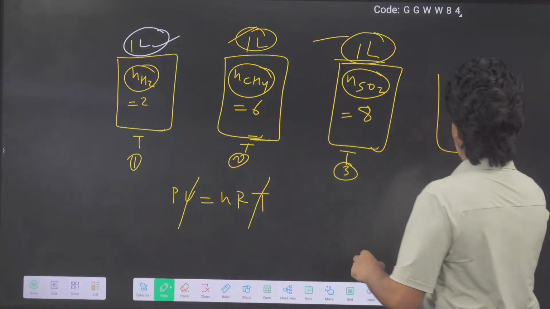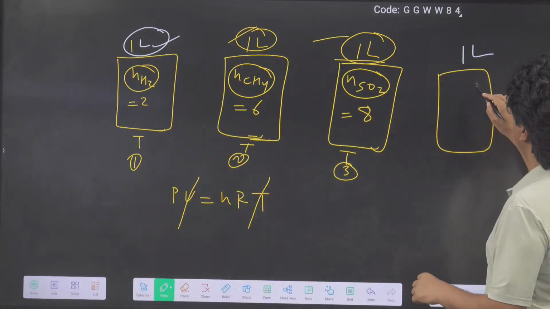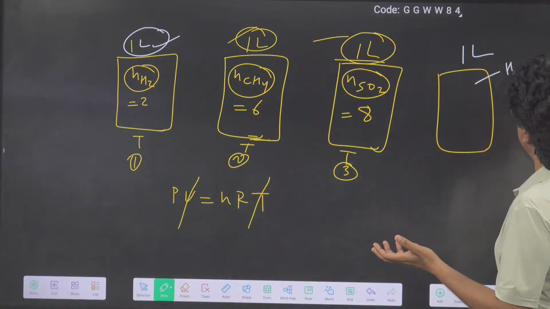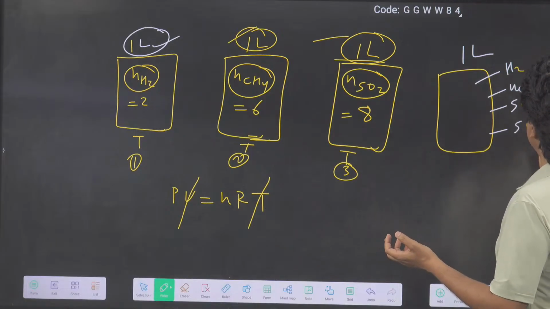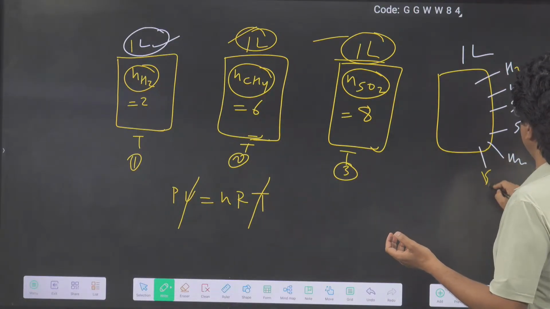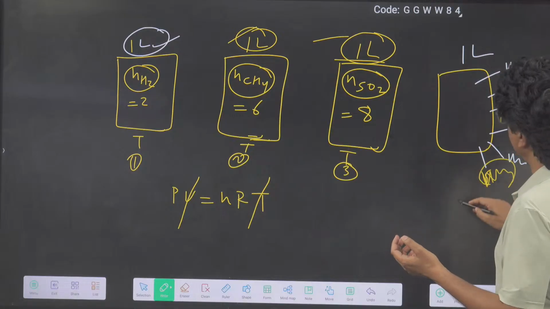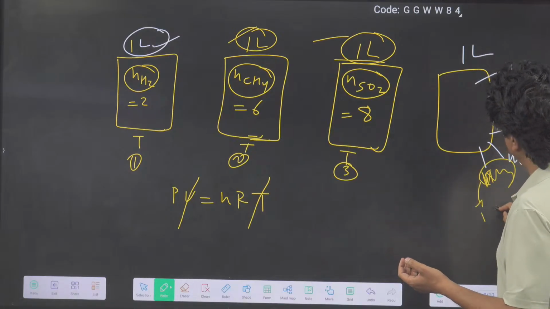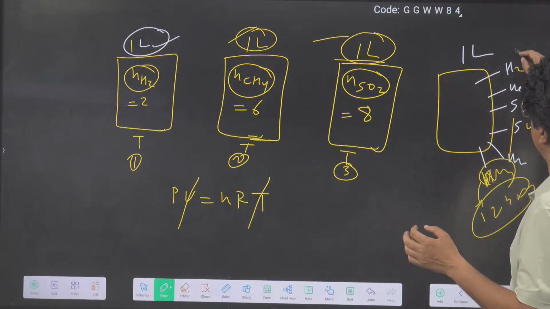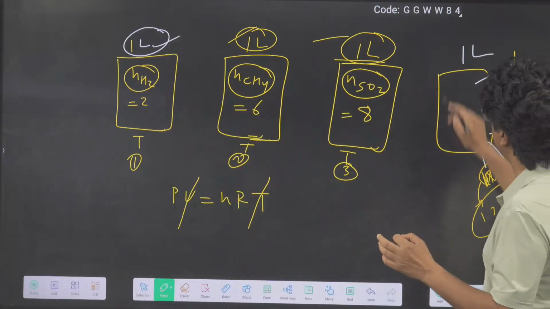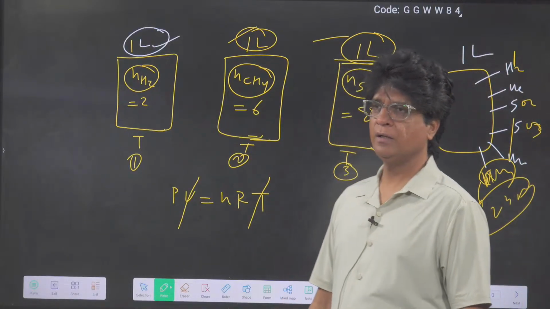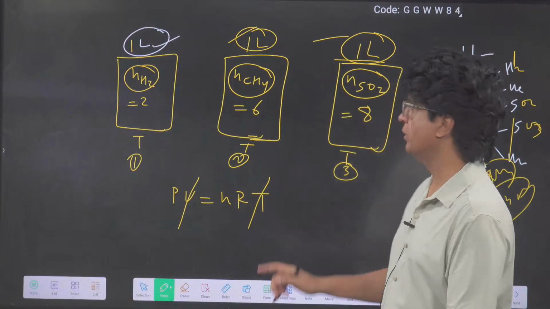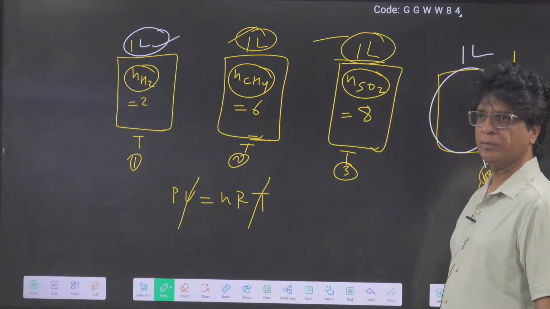If you take a jar of, say, 1 liter and put in any gas, like hydrogen, helium, SO2, SO3, H2S, ammonia, whether 1 mole, 2 moles, 3 moles, whatever, they all will occupy 1 liter. Gases occupy the entire volume of the vessel, right or not?